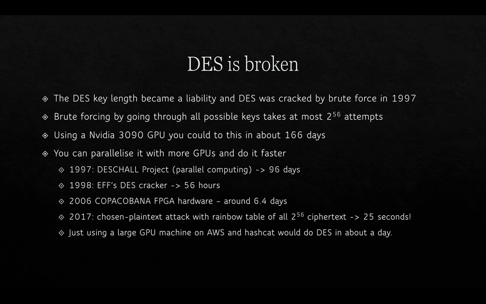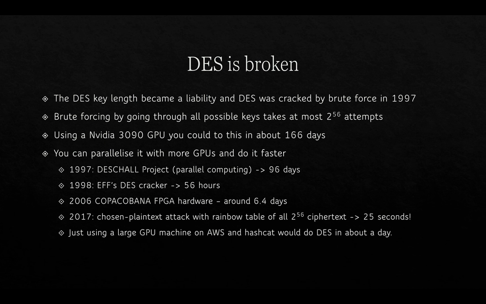So they did that, and DEScall reduced that to 96 days. A year later, they reduced it to 56 hours using FPGA hardware, which is a different approach to hardware and is used in things like cryptocurrency mining, for example. You can get it down to 6.5 days.